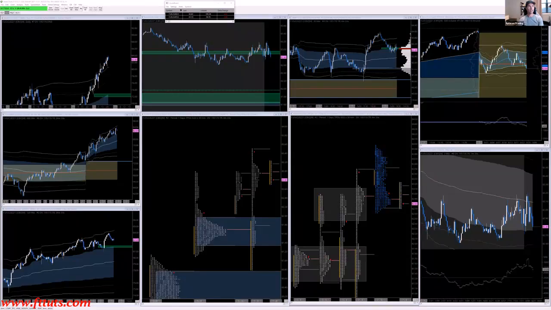Yeah, we're going to stand aside in crude. Lost half of an R there.